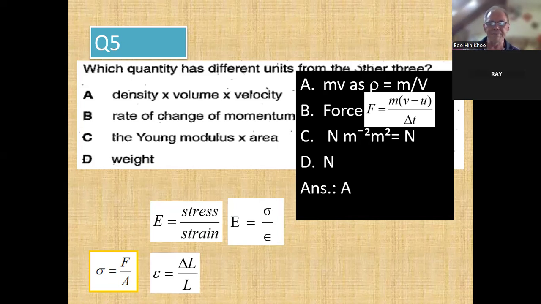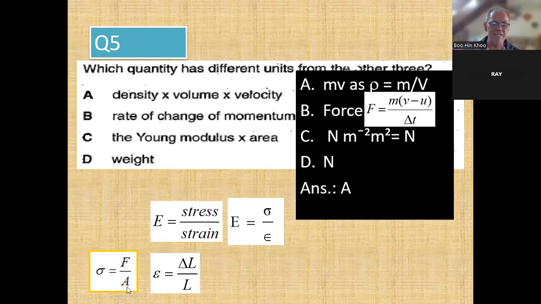Okay, now. So you are familiar? To work through, we know that the first part, density times volume is mass. So mass and velocity is momentum. Then this is force. Weight is also force. And Young's modulus is stress, force over area.